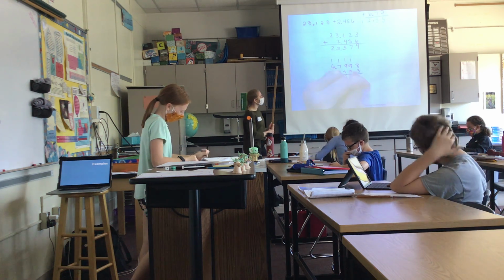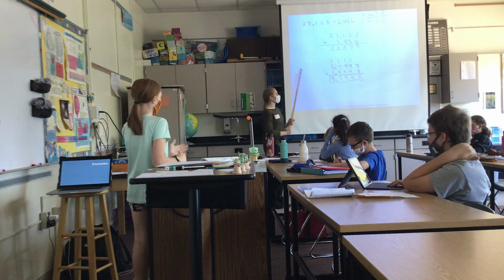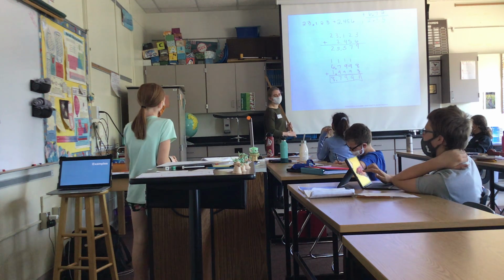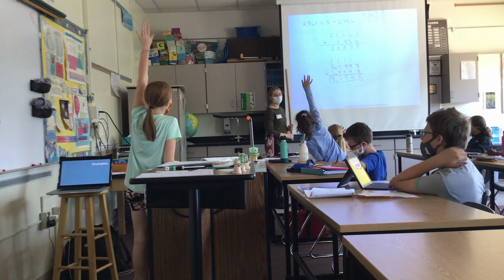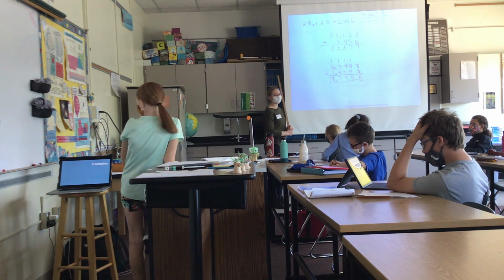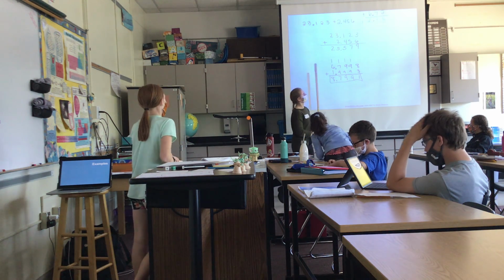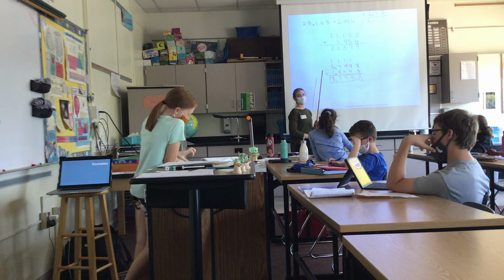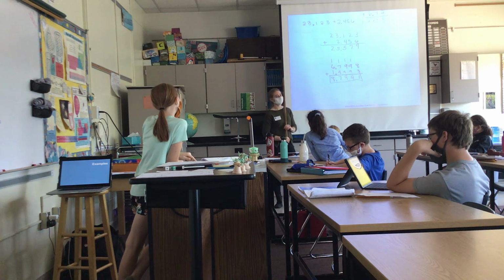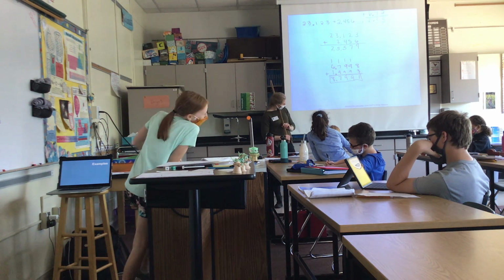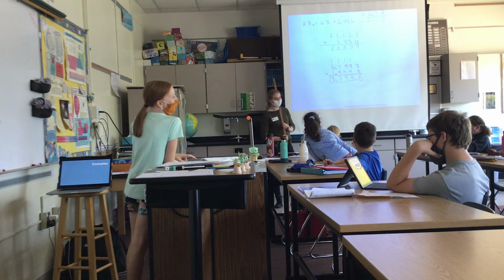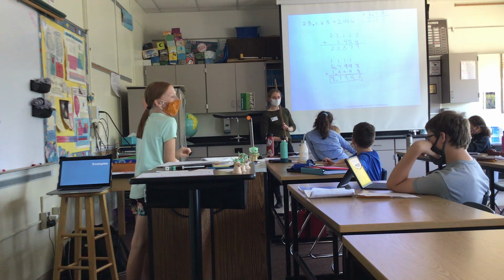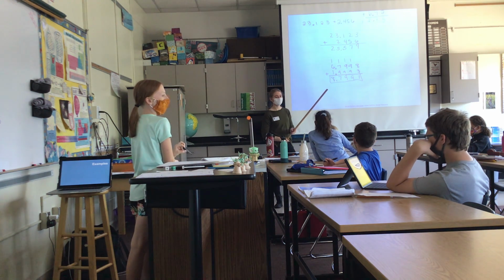There we go. So, somebody tell me one way to say that. Jordan. 8.7 thousand. 991 hundredths. Close.